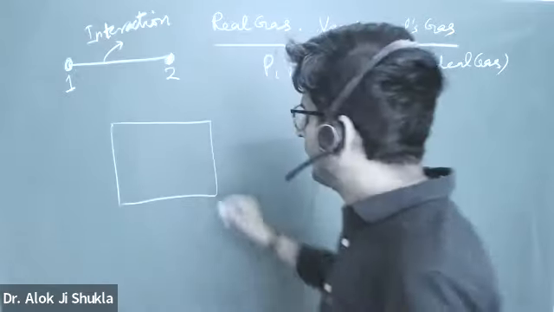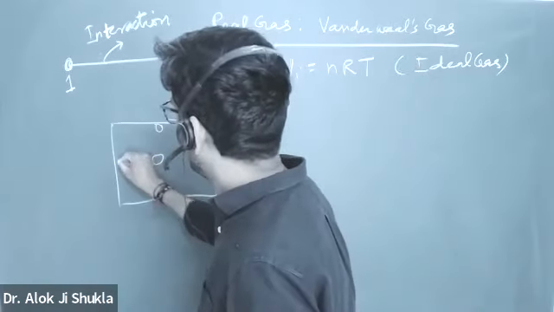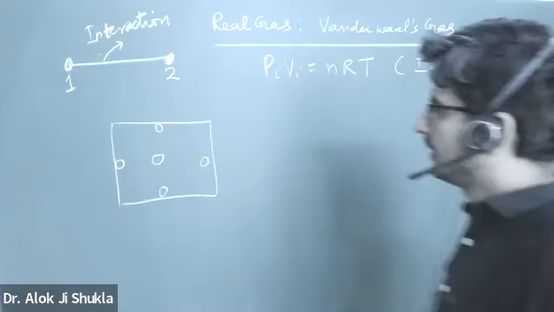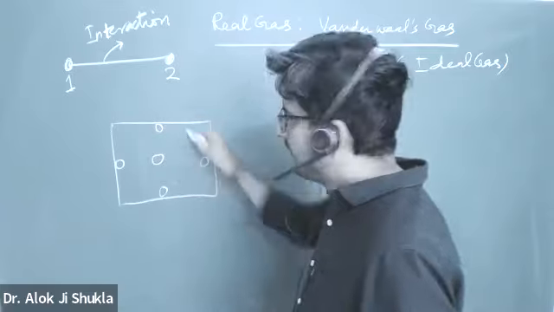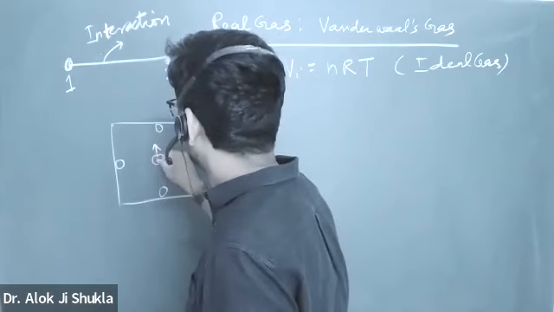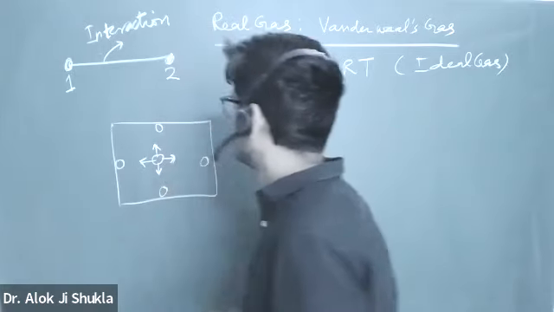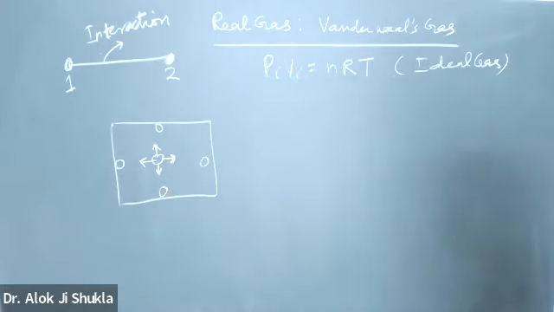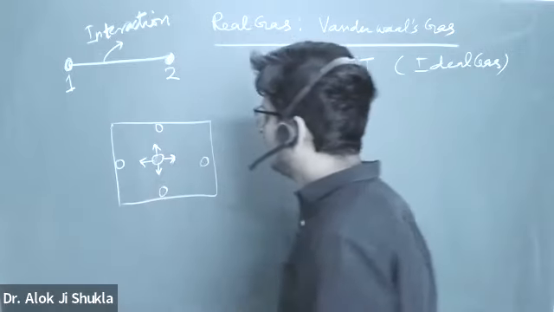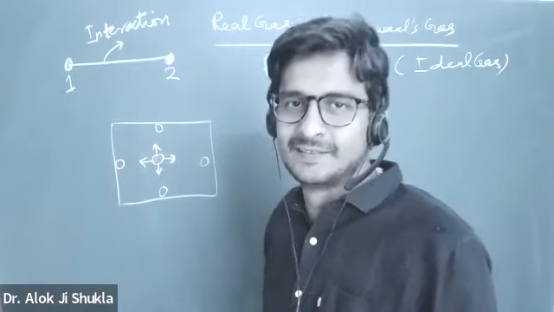Let me consider a few types of molecules. One is in the bulk, and some are at the corners, in the vicinity. The molecules in the bulk are attracted by the other surrounding molecules from all sides, so the net force on them will cancel.